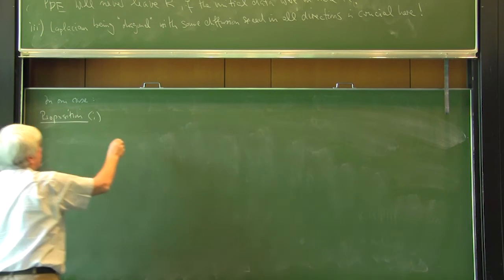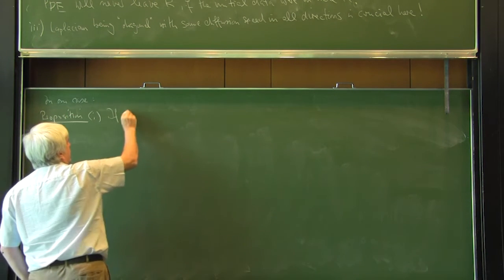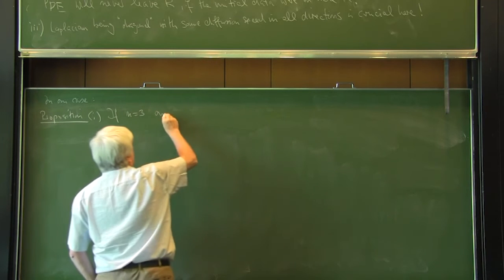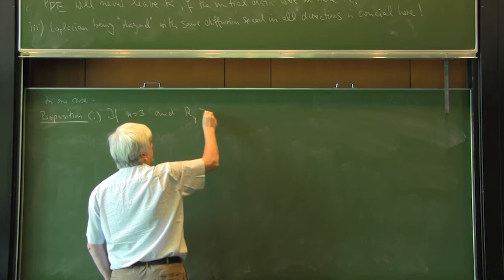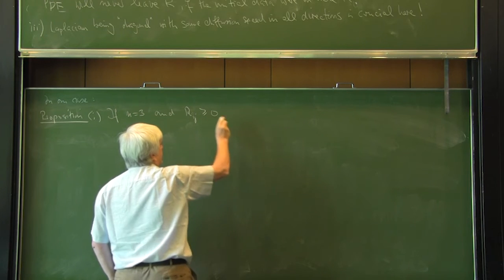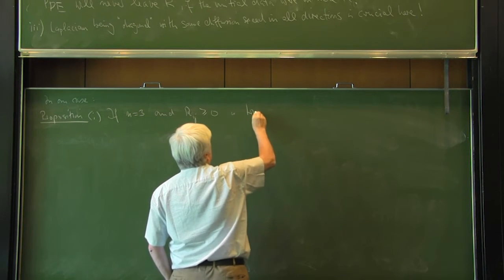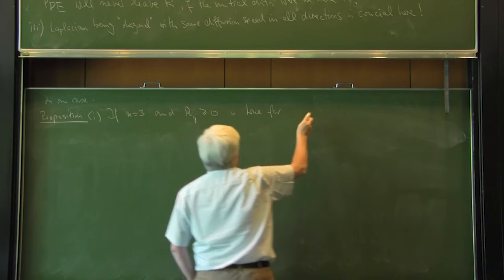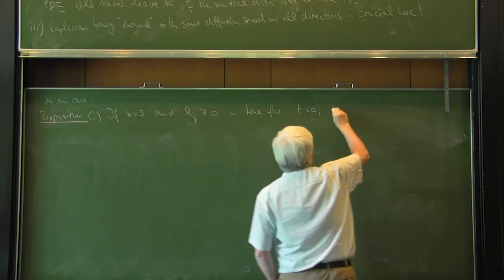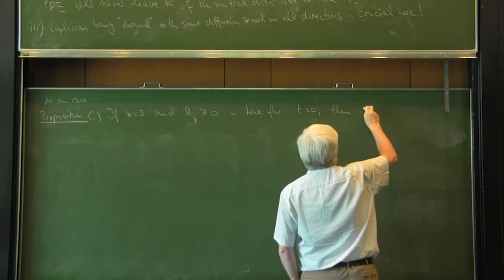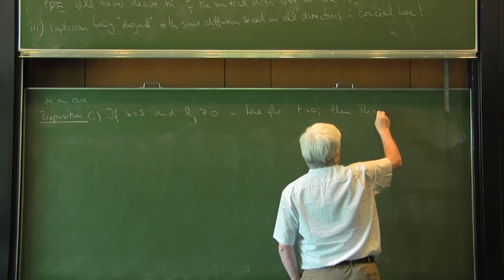First, if n equals 3 and Ricci greater or equal to 0 is true for t equals 0, then Ricci flow preserves it.